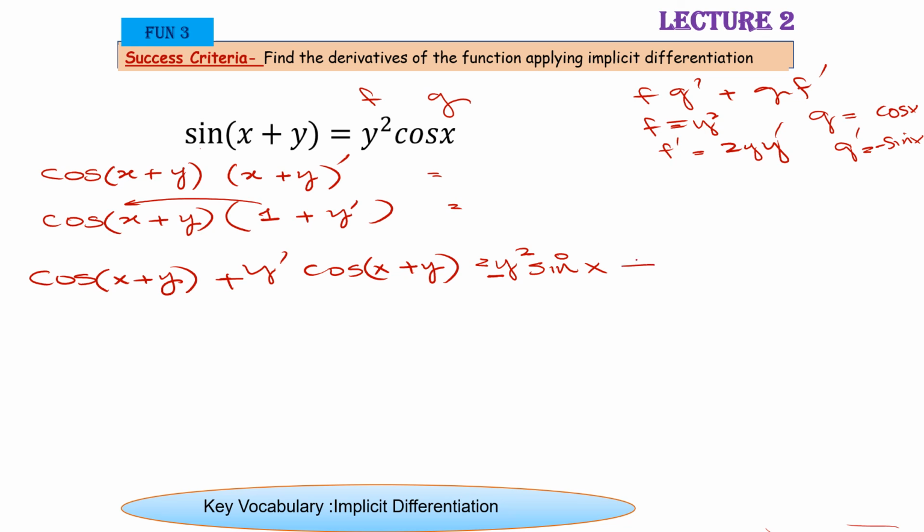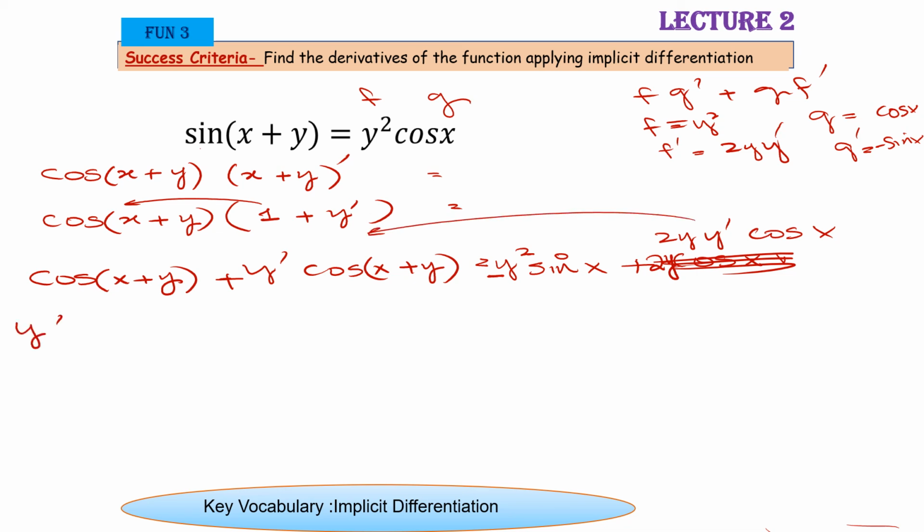Fg prime plus gf prime, that means cosine x, and 2y prime. So I will write here 2y prime and cosine x. All y primes on the left hand side.